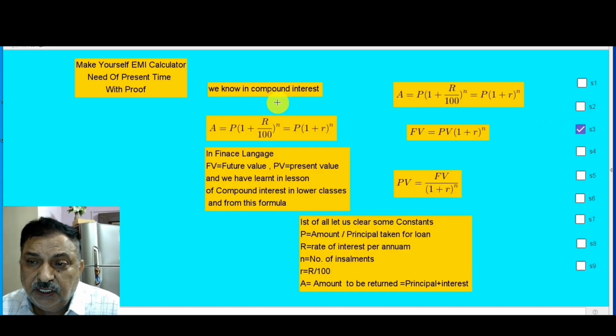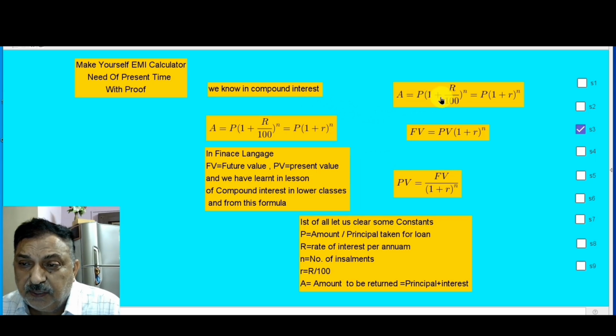We know in compound interest A is equal to P into (1 plus R over 100) power n, which is equal to P (1 plus r) power n. Or we can write it in finance language, A means future value and P means present value.